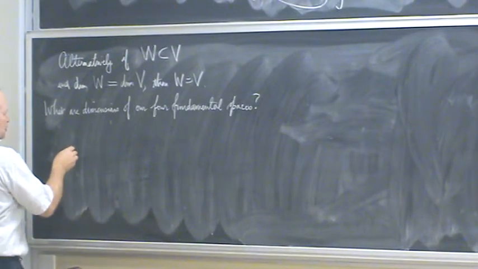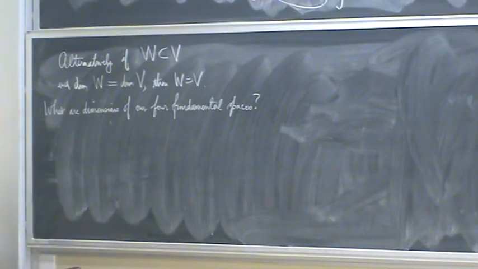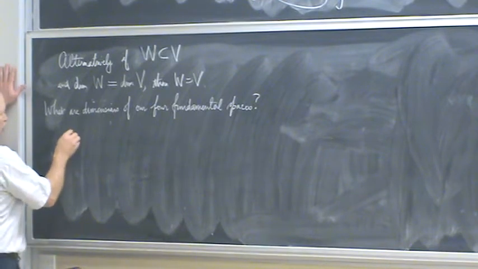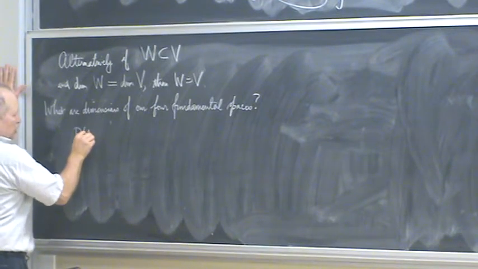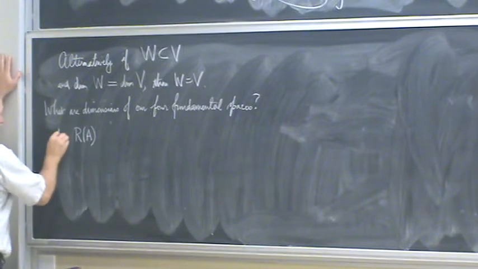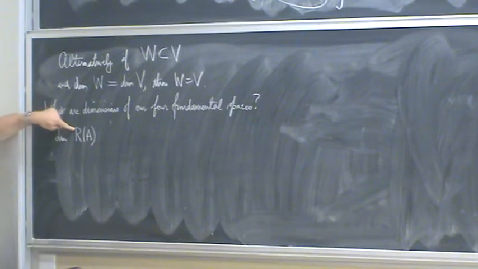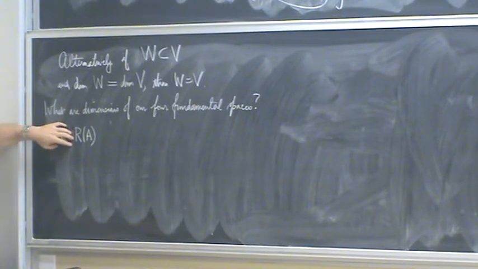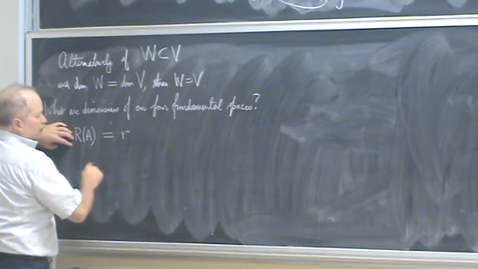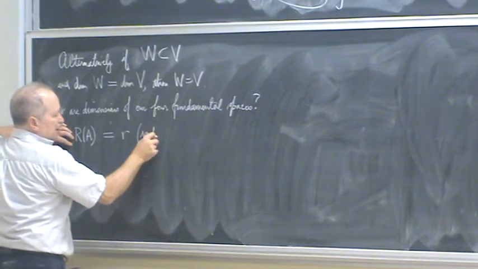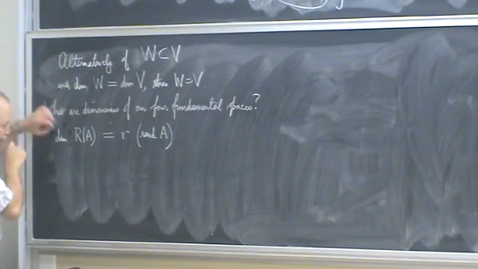So what about the row space? What's a basis for the row space? The non-zero rows of the echelon form. How many rows are non-zero? R, the rank. That's the definition of rank.